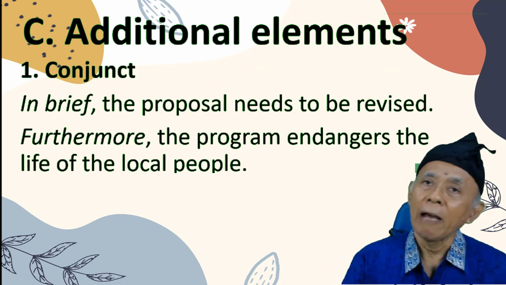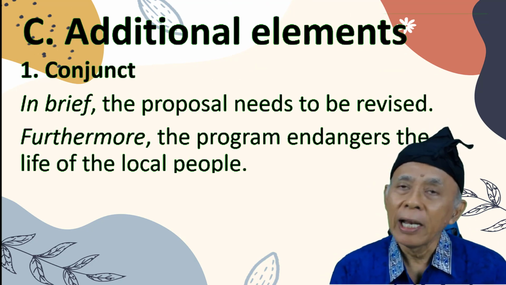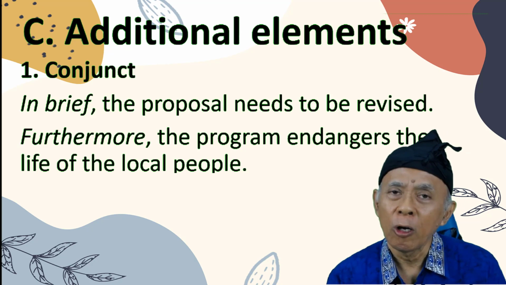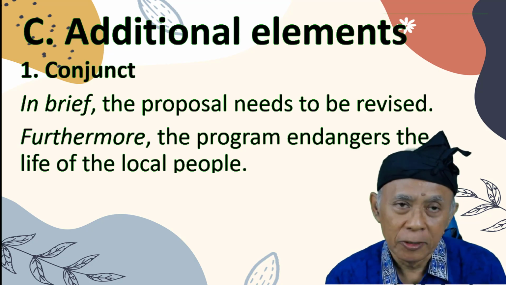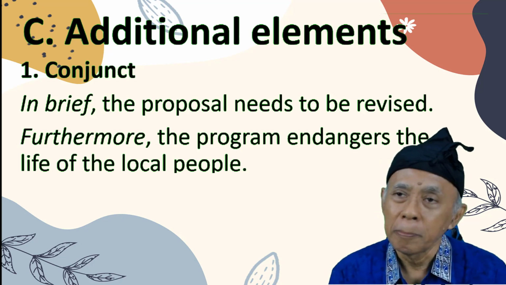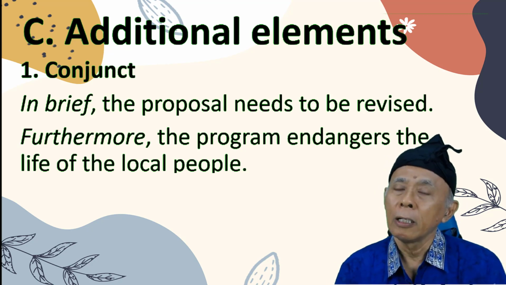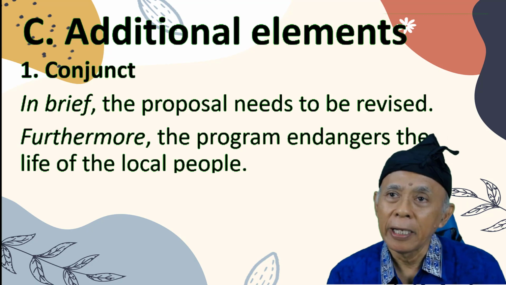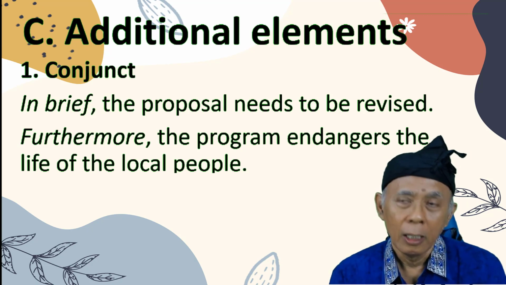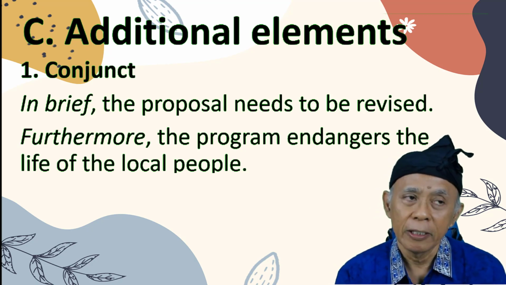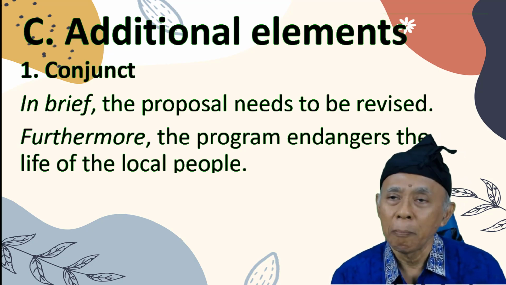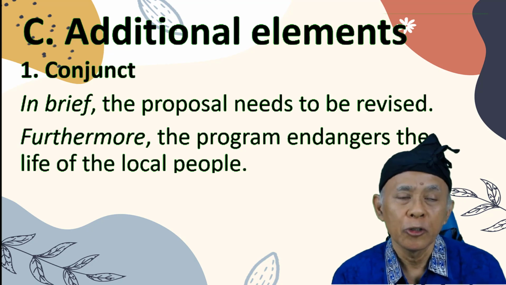And then we have additional elements. Additional elements are elements which are really not needed by the sentence. It's not about the meaning of the sentence, but it's needed for some other purposes. The first kind of additional element is a conjunct. A conjunct connects a sentence with the previous sentence. For example, in brief, the proposal needs to be revised.